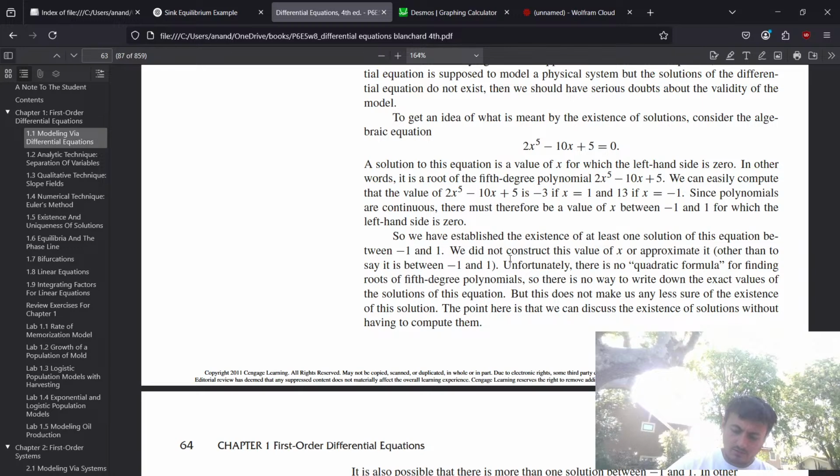We can use this as proof that there exists a solution to f(x) equal to 0.